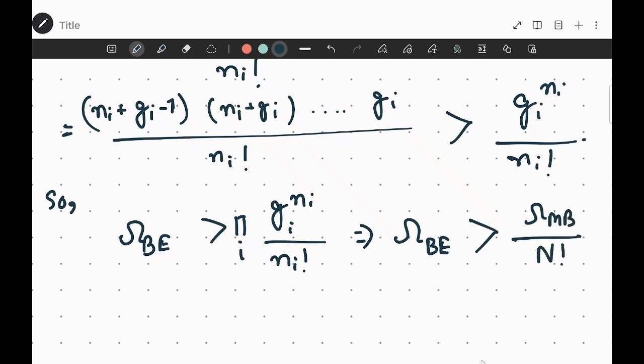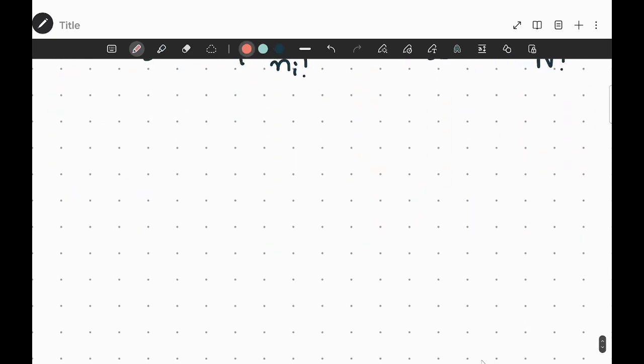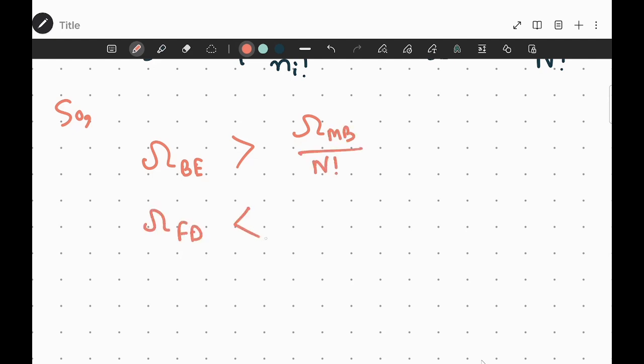Okay. So in general you can write, Bose-Einstein is greater than Maxwell-Boltzmann by n factorial, and Fermi-Dirac is less than Maxwell-Boltzmann by n factorial. Okay, but this is general.